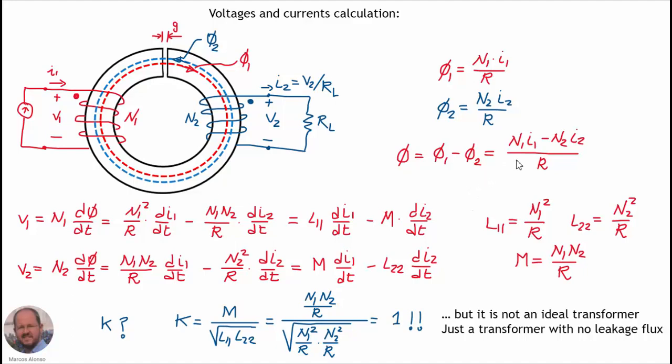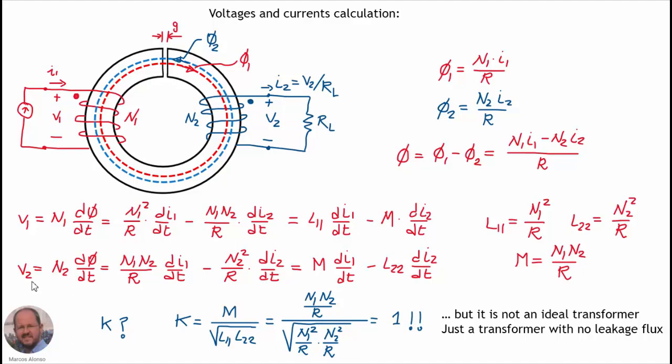We obtained in the previous slide this equation, so we can substitute the flux here and obtain this expression, and from this we can designate this value here as L11, and this other value here as M. So this is the self-inductance of the primary winding, and this is the mutual inductance between primary and secondary.